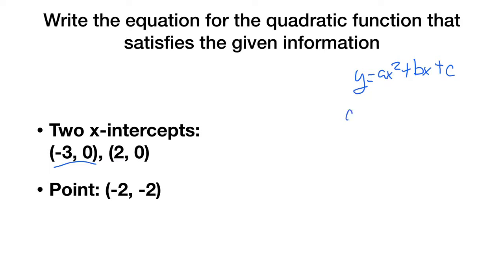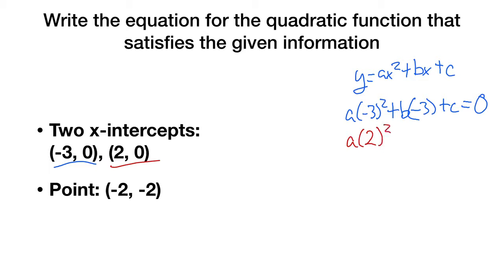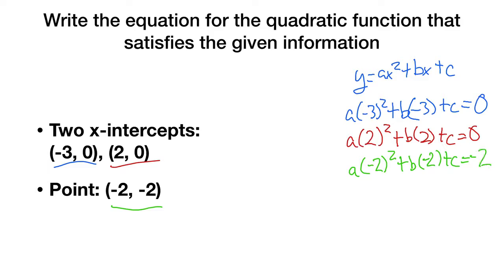Here's our first one: a times negative 3 squared plus b times negative 3 plus c equals 0. Now let's try that again, a times 2 squared plus b times 2 plus c equals 0. And finally, a times negative 2 squared plus b times negative 2 plus c equals negative 2.